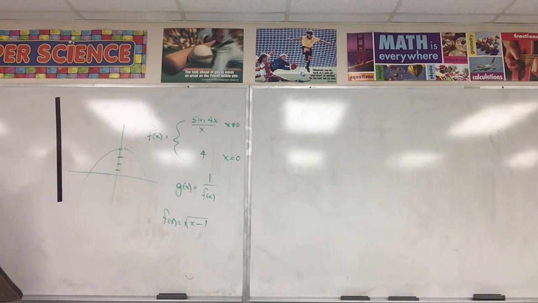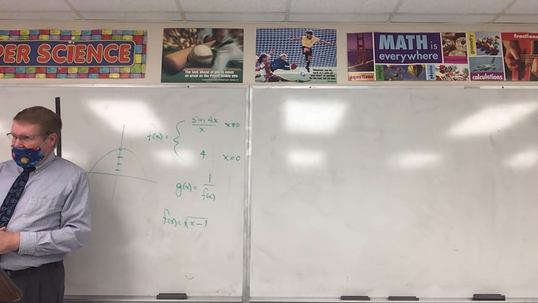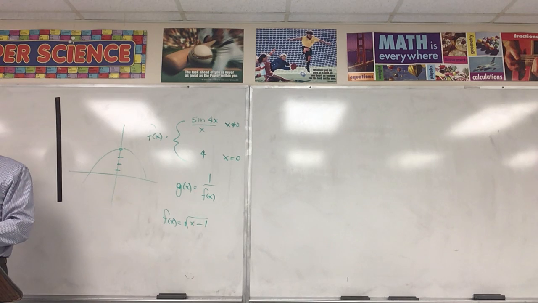That is not continuous? Well, it is continuous if we consider the domain. It is continuous on its domain. So therefore, if f of x is continuous on its domain, then g of x would also be continuous on its domain. So that's all they're asking you to do.